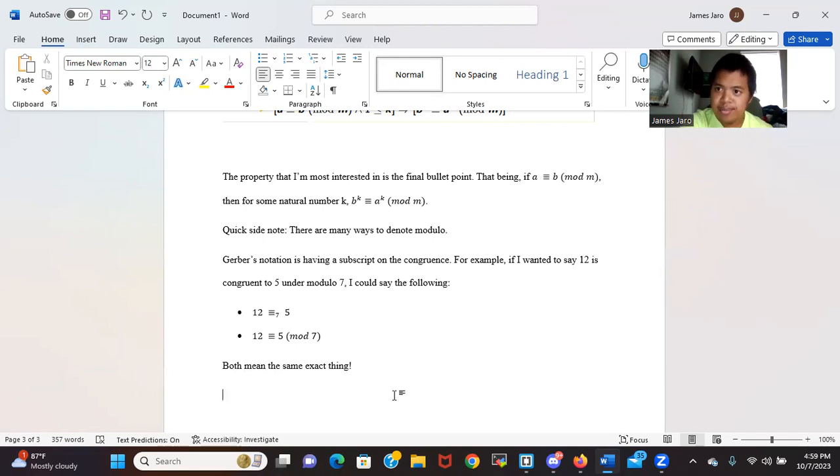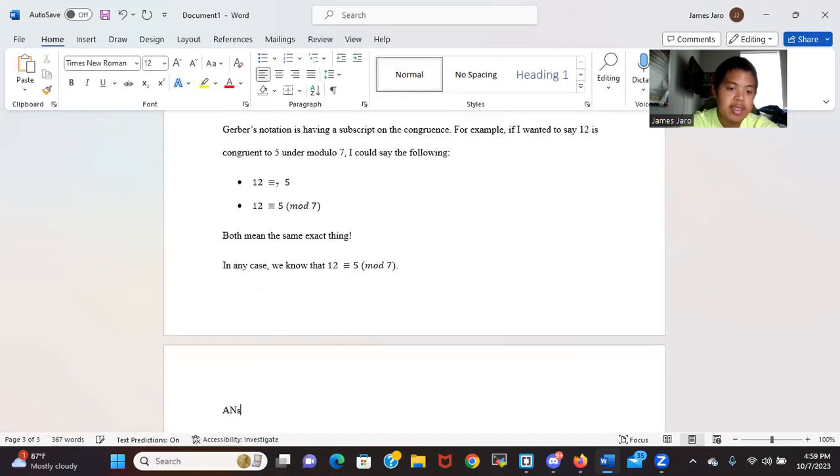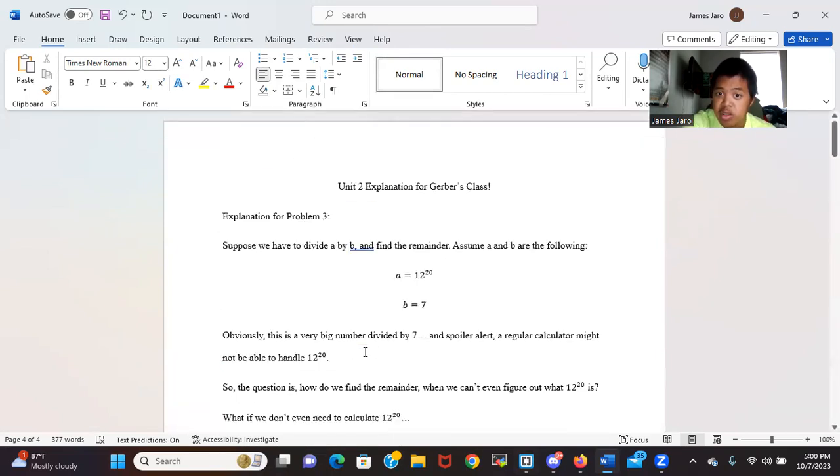All right, so that's that. But in any case, we know that 12 is congruent to 5 under mod 7. And hopefully you agree that 20 is a natural number, because 20 is a whole number that happens to be positive, so it fits the definition of a natural number.